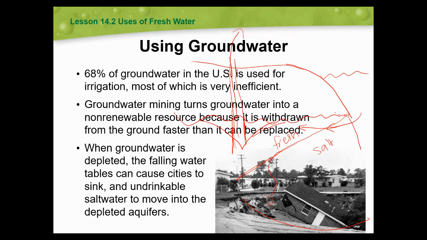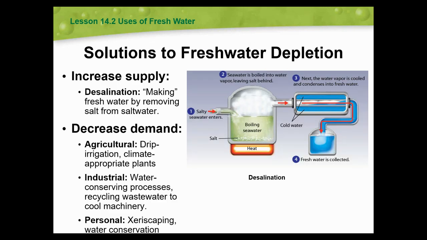So your freshwater saltwater split is going to look more like this. And then if your well pulls up salt water, you can't use that. You can't use that for irrigation. You can't use that for drinking. You need specialized facilities in order to be able to use salt water for those things. So this is another big problem, is that undrinkable salt water moving into the aquifer.